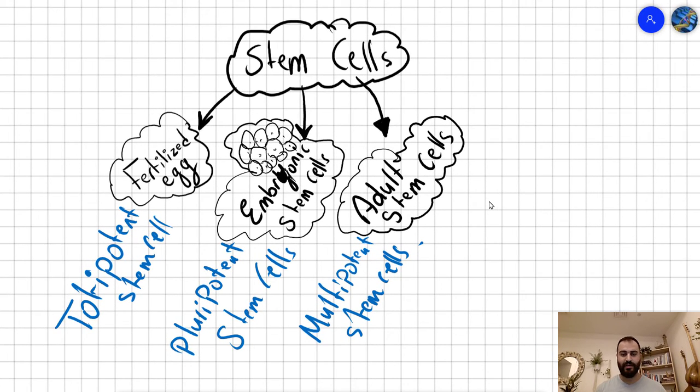And the adult stem cells, those cells usually are located in the bone marrow. And these cells are needed to repair and to replace dead cells, for example, skin, blood, muscle cells, bone cells. But these cells cannot form a complete organ.